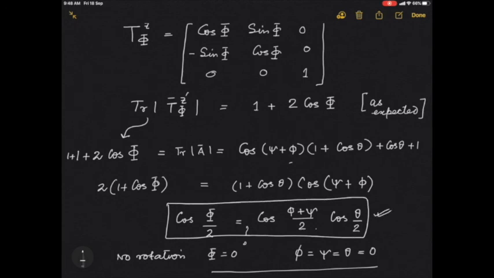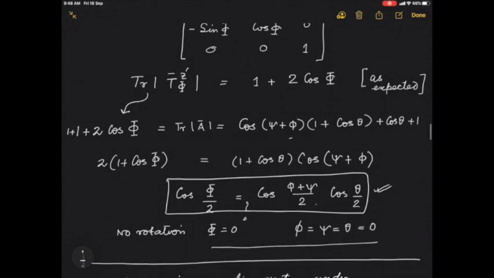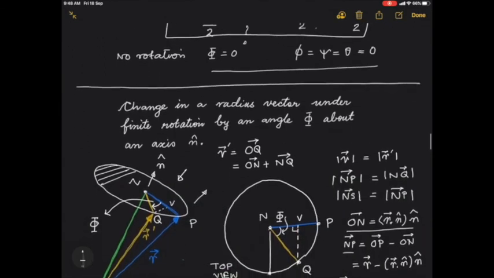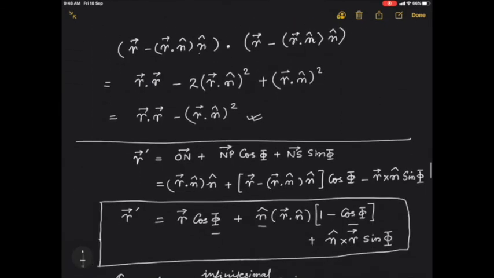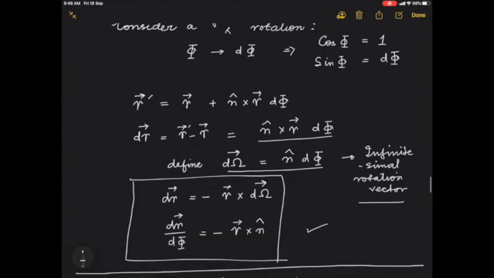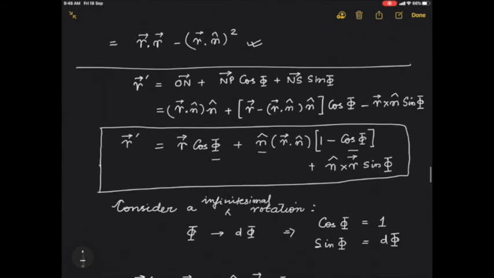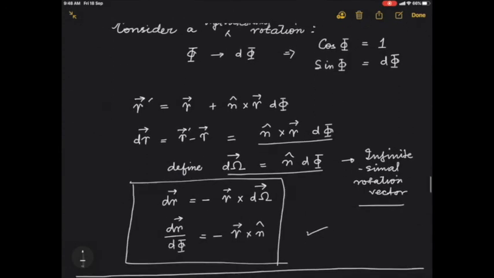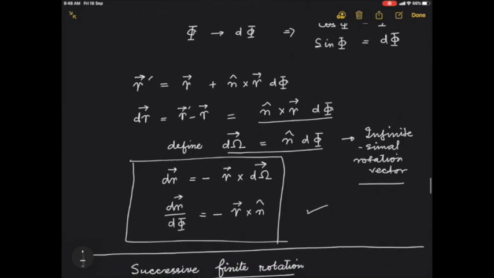So if I can represent the rotation in terms of any three Euler angles, I can find out what that single rotation angle is by putting in this formula. And then we figured out, in terms of such a rotation, how a general radius vector changes, using that rotation angle and that axis.